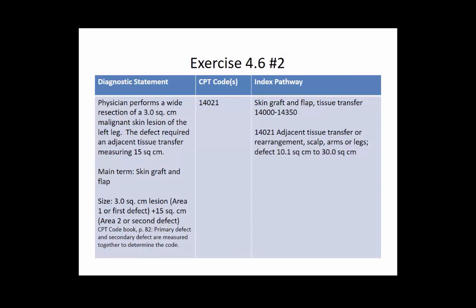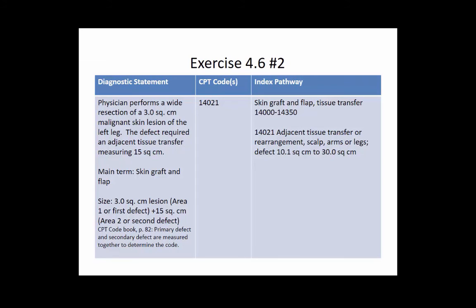The next exercise, the physician performs a wide resection of a 3 square centimeter malignant skin lesion of the left leg. The defect required an adjacent tissue transfer measuring 15 square centimeters. So your main term is skin graft and flap, anytime you're looking at a defect and doing a tissue transfer.